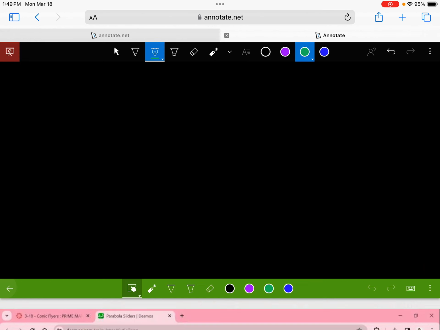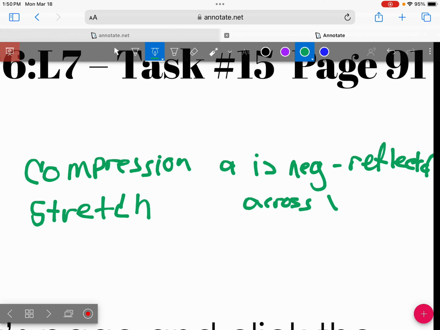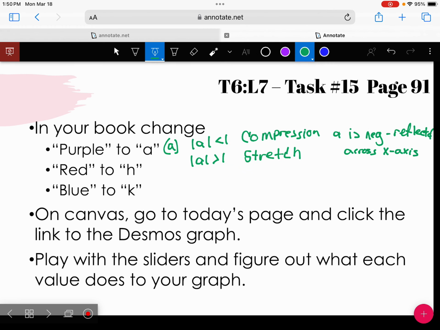If A is negative, it's been reflected across the x-axis. So these are all options for what A does.